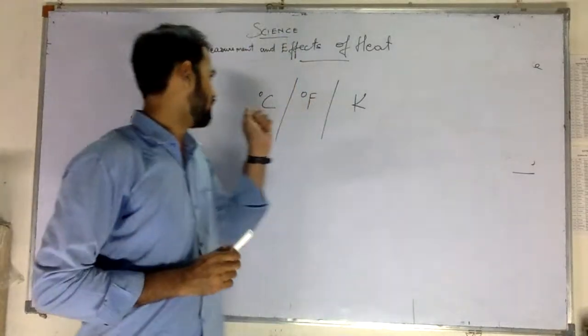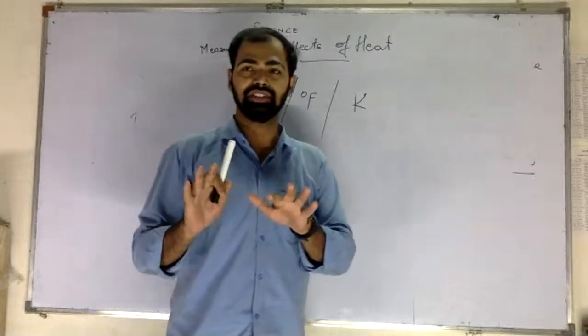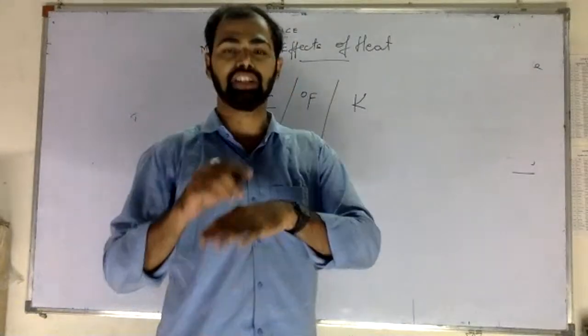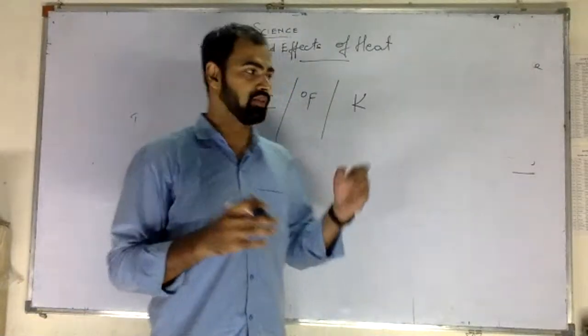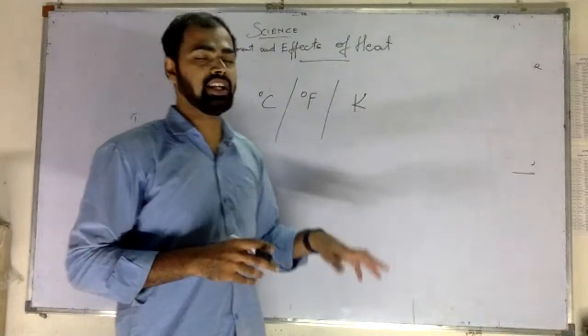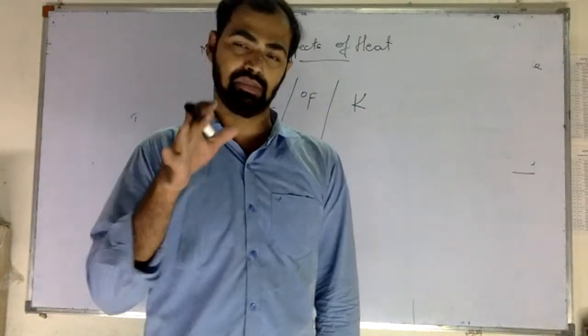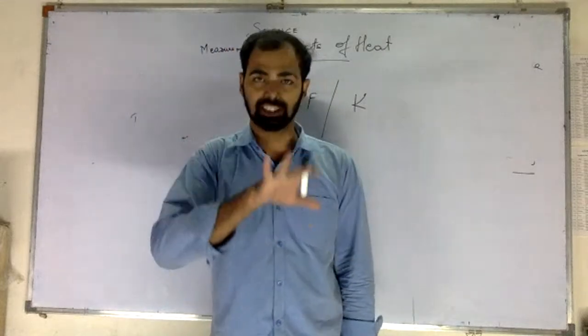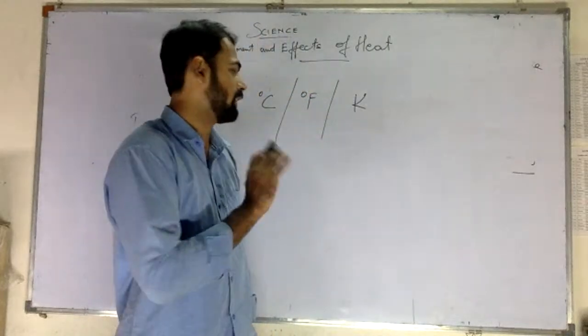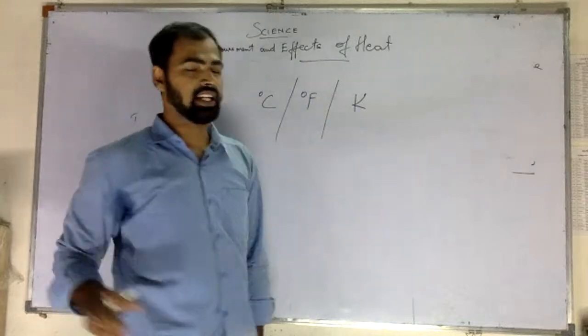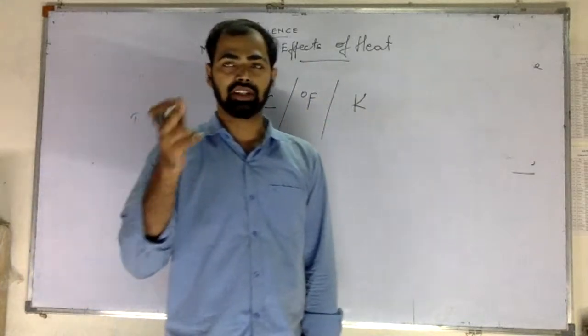Degree Celsius is used in a general way. In day-to-day life, we can use degrees Celsius or Fahrenheit. Kelvin is generally used for scientific purposes only. When we do experiments and all, we measure the temperature in Kelvin. There is also a conversion for this.